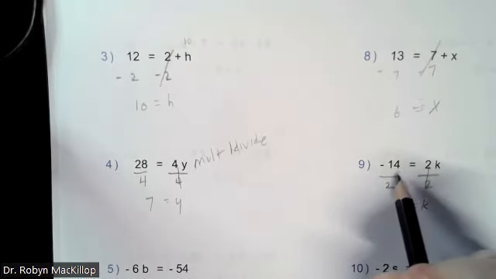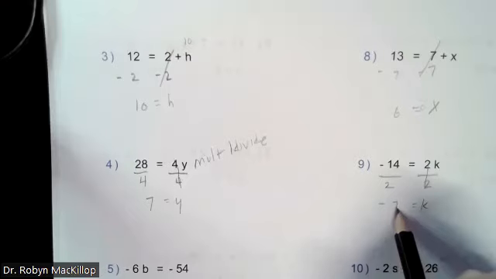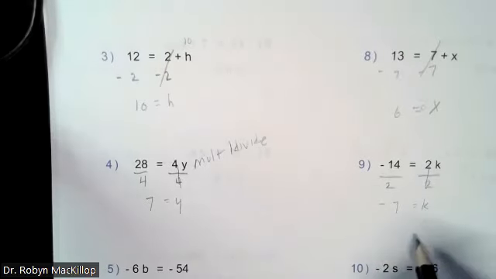And -14 divided by 2 is -7. So k equals -7 or -7 equals k. Perfect. What do you think of those?